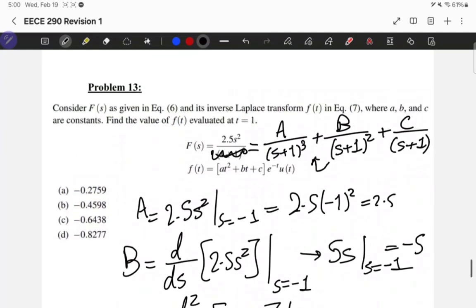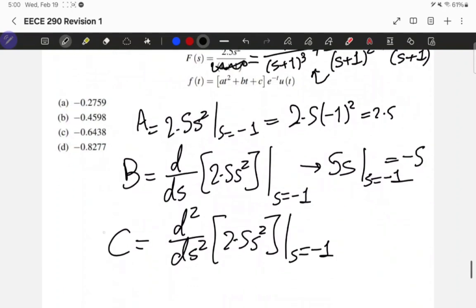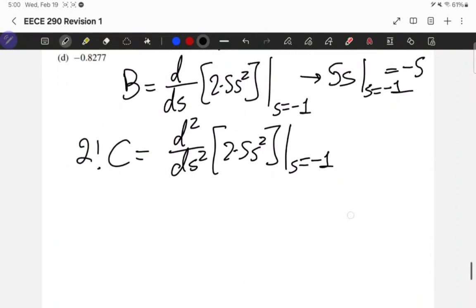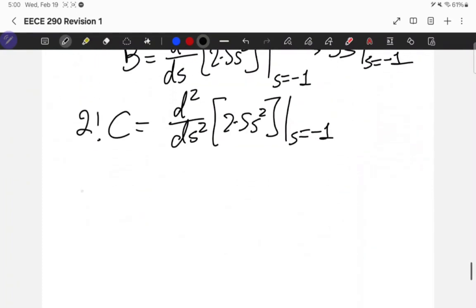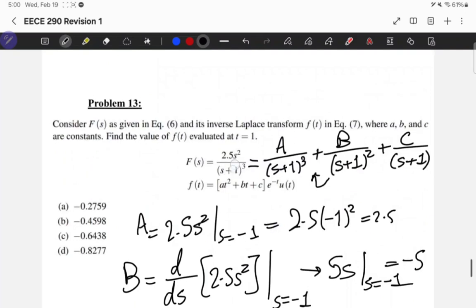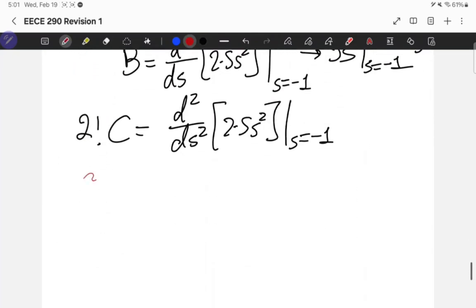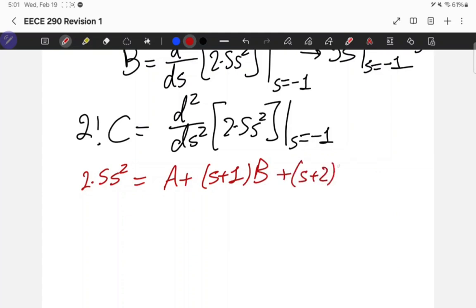But careful here, if I do two derivatives, I need to multiply here by 2 factorial. Why? Because remember here, I had an s plus 1 cube, so both sides, if I multiply everything by s plus 1 cube, I get, as a side note, 2.5 s squared is equal to a plus s plus 1 b plus s plus 1 square c.